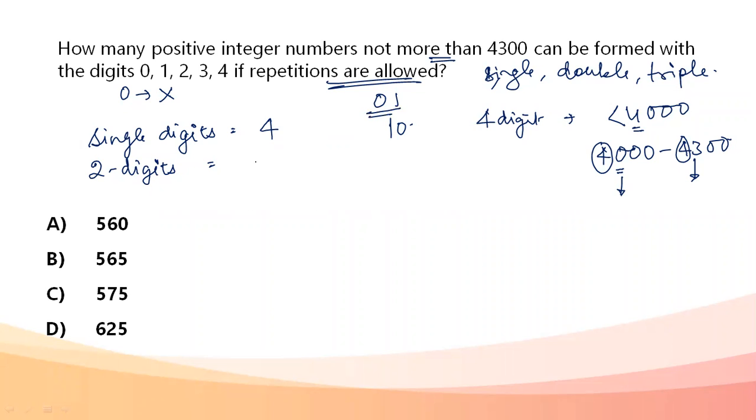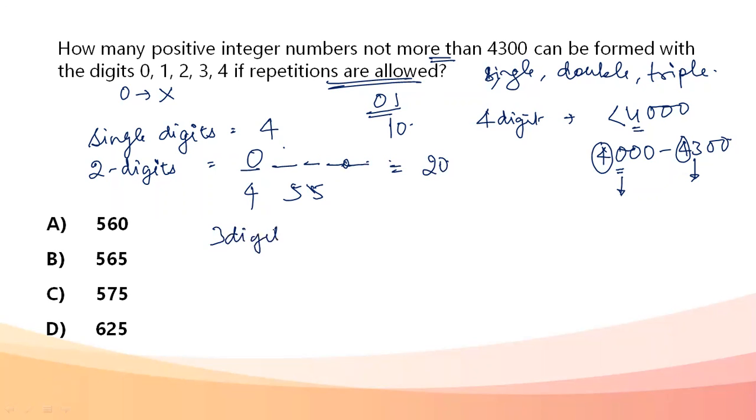Here 0 cannot come up, but it can come up at the subsequent places. So the first place has 4 options and the other places can have 0, so 5. Number of ways becomes 4 into 5, that is 20.